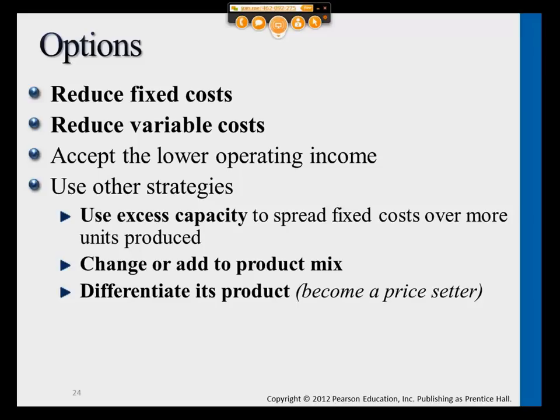I can maybe change the items in that product mix, that bundle, or maybe I can add, or maybe I can change my product so that I'm the price setter, so that my product distinguishes so much from the competitor that I can set my price.